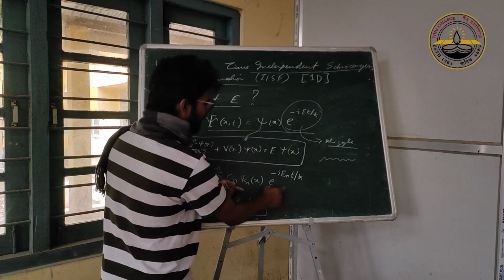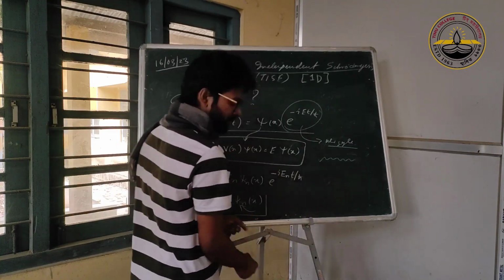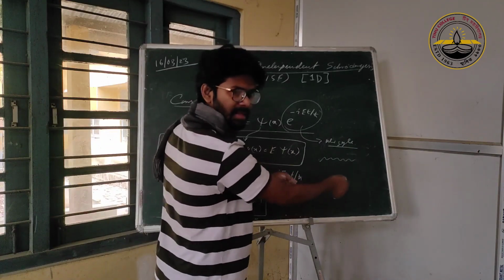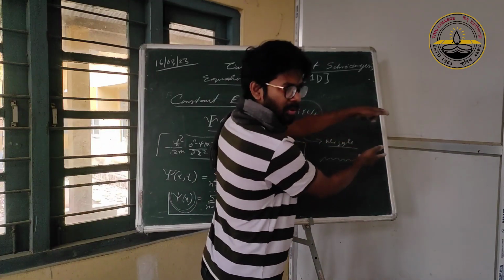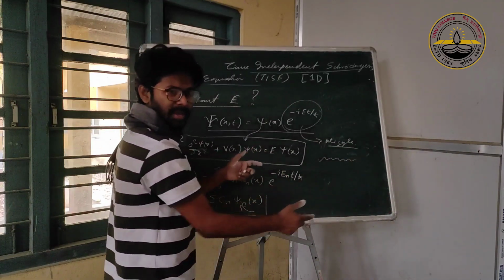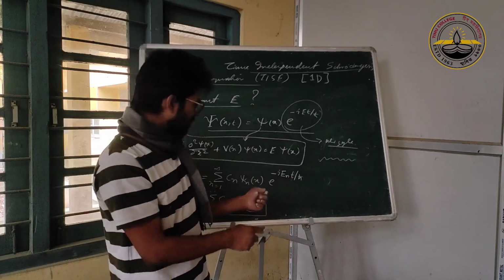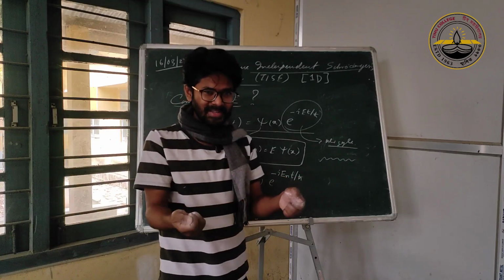If you take psi 1 and its particular E1 t over h cross, plus psi 2, and multiply them with some constants and adjust them, take psi 1 a little bit more, psi 2 less, psi 3 maybe more, that one negative. This way you can take all of them and adjust; each of the individual coefficients is like a knob, okay?